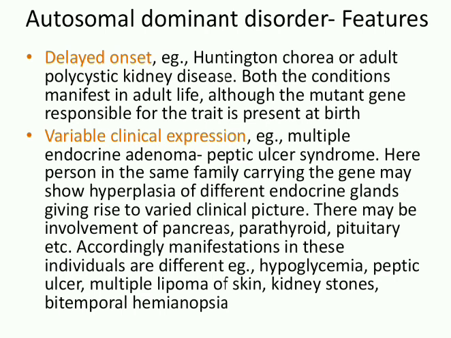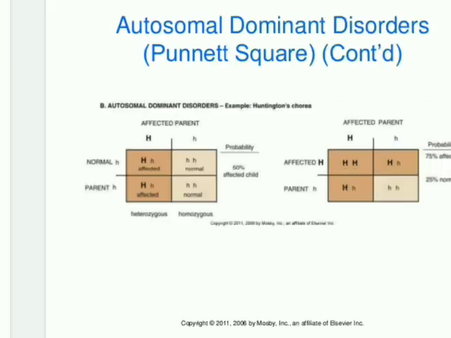One member of the family has hypoglycemia, one has peptic ulcer, one has multiple lipoma of skin, one has kidney stone, one has bitemporal hemianopsia, but they all have a single autosomal dominant disorder, multiple endocrine adenoma peptic ulcer syndrome. So the disease is manifesting in different ways: one member has pancreatic involvement, one has parathyroid involvement, one has pituitary involvement. That is variable clinical expression.